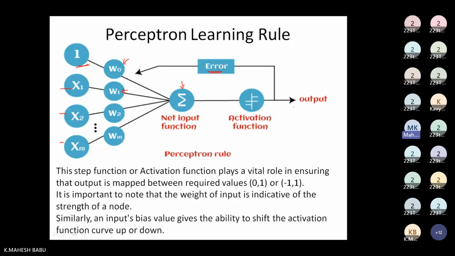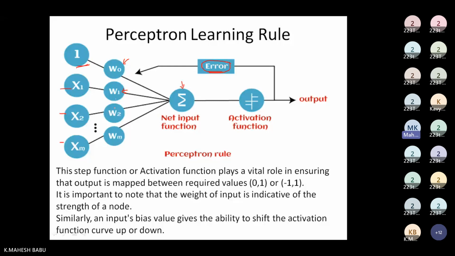If you get 1, then you got the accurate value. If not, what error is generated, and what correction is required to update the weights? That correction is forwarded back to update the weights, and you repeat the same algorithm for the next iteration.